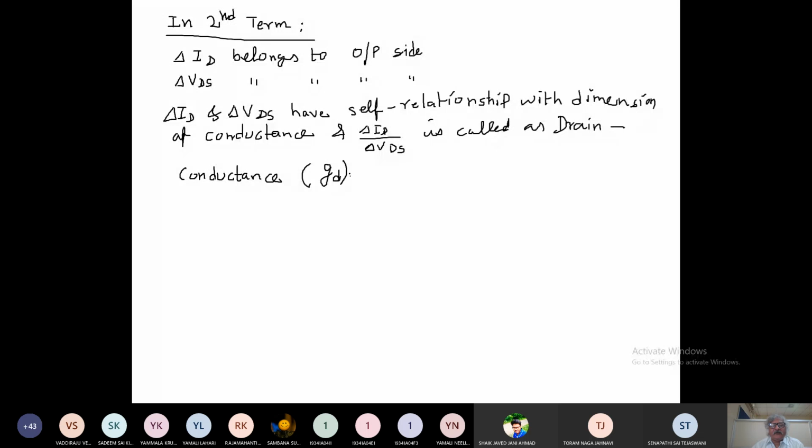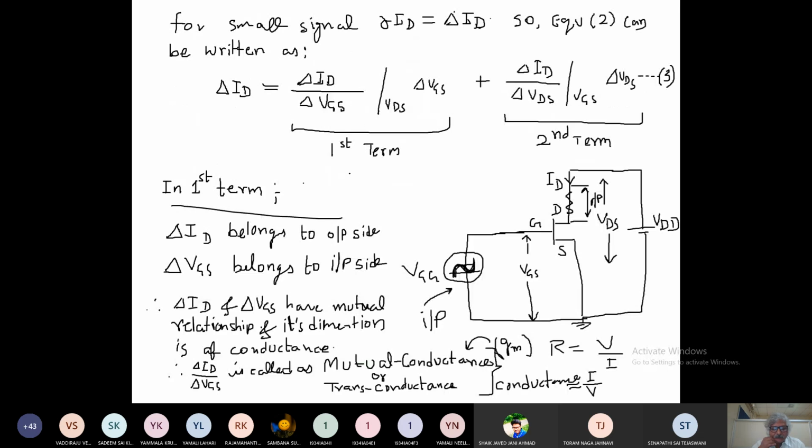So in the second term, ID and VDS both are at the drain side, so it is drain conductance represented by GD, and in the first term delta ID by delta VGS is the mutual conductance represented by GM.